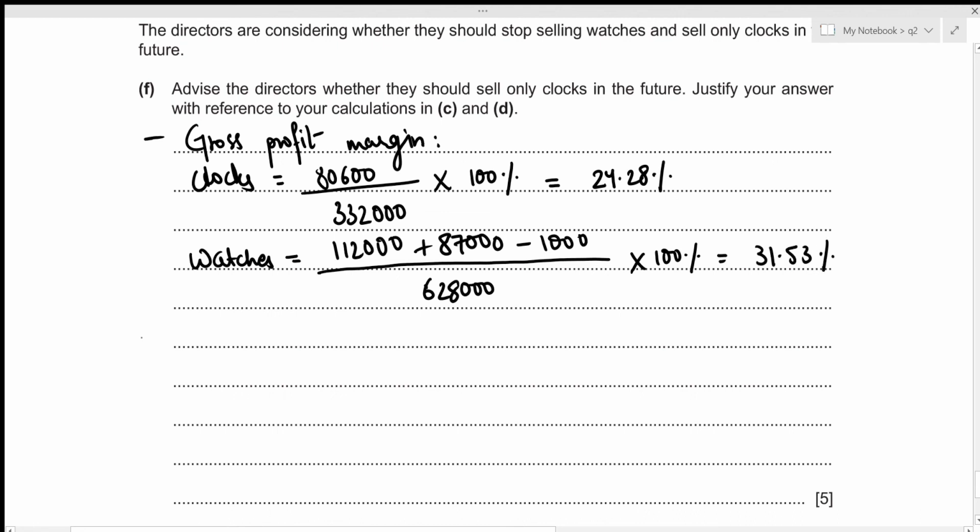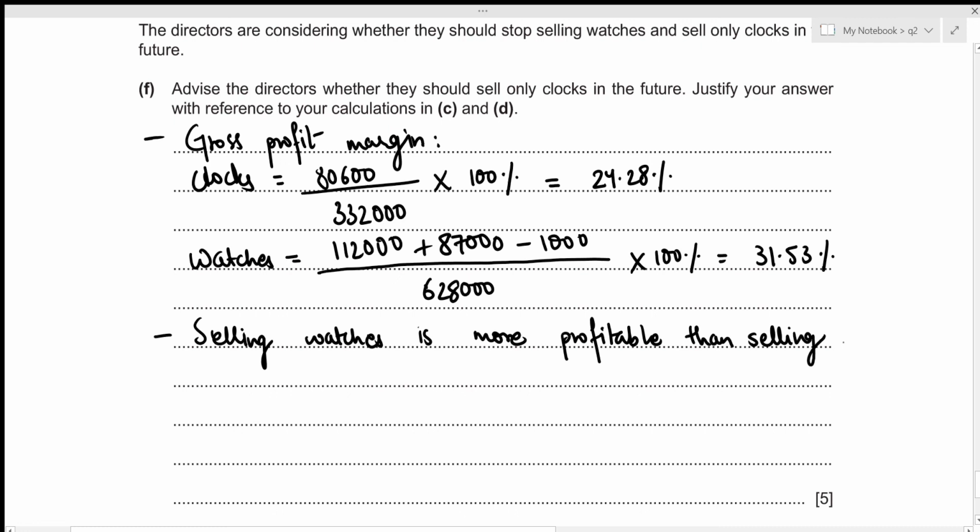We can see that the gross profit is higher for watches, which means that we can write that selling watches is more profitable than selling clocks. And they're considering if they should sell only clocks in the future, but we know that watches and clocks may be complementary to each other.